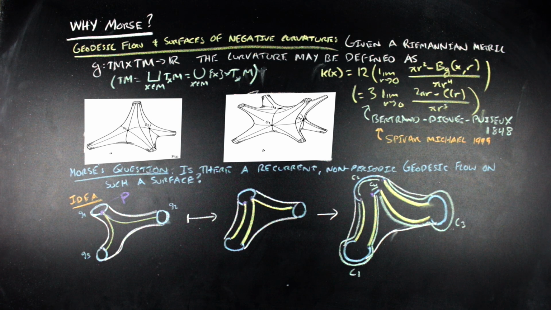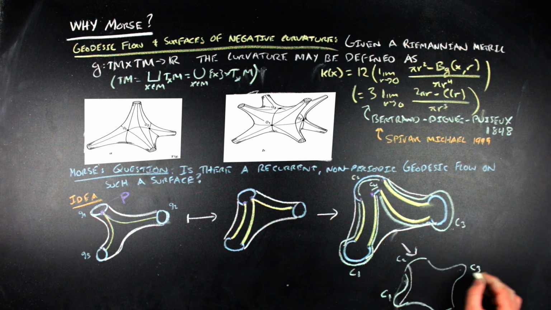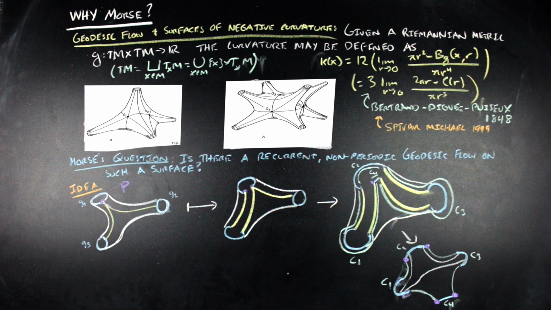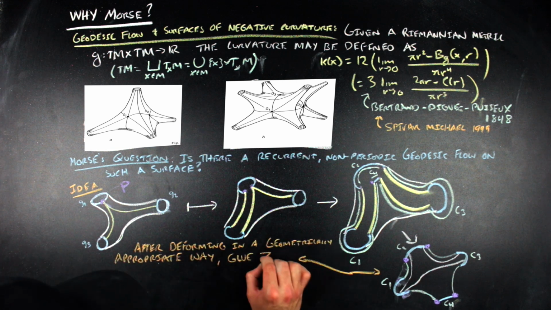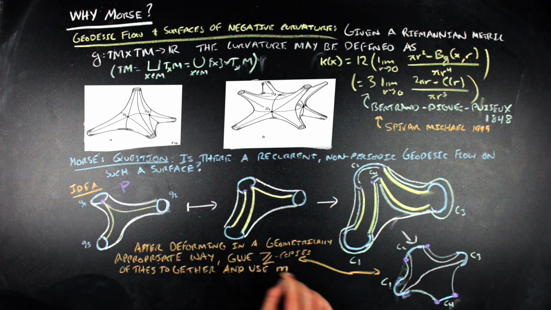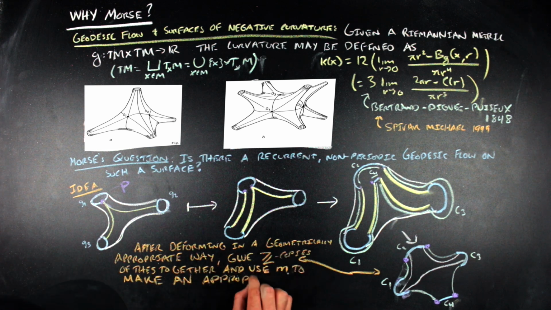The reason that we want to do this is because we want to unfold this surface and mush it around in a topologically nice way. And when I say topologically nice, I mean that the metric is somehow preserved, or the geodesics are somehow preserved, when you mush it around into a disk or square. In this case, 4 bounding curves give you ways to glue the surface together a Z number of times.